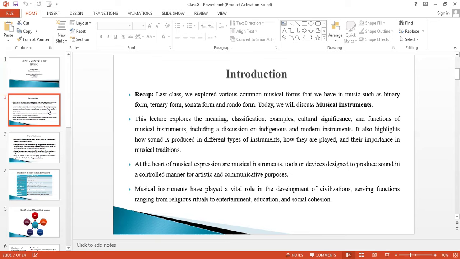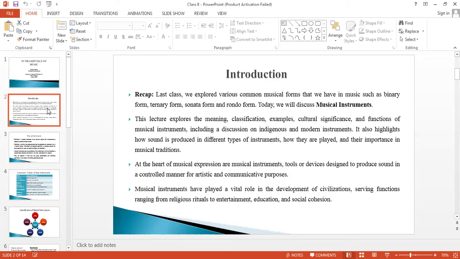And we will also look at the indigenous and modern instruments together, showing the importance to musical traditions. That's what we'll be focusing on today.